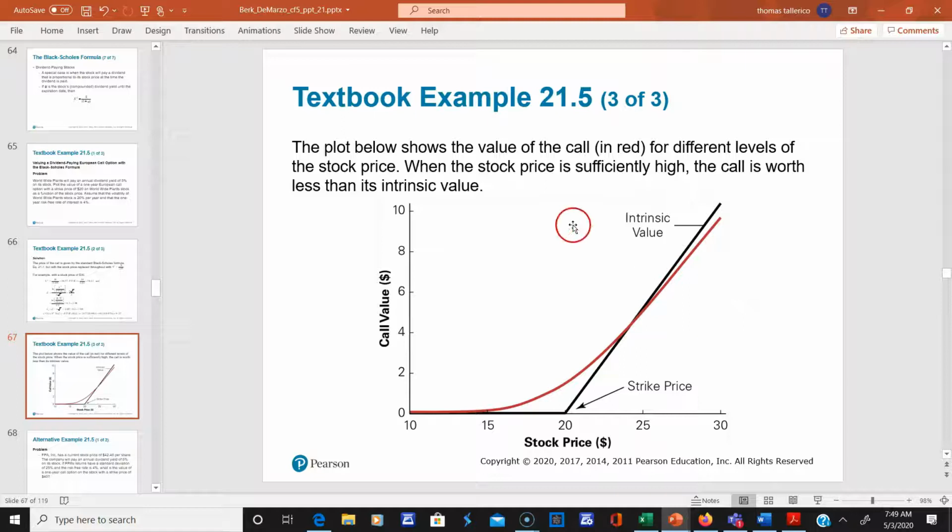But you can see here what happens is when the stock price gets higher, the call is worth less than its intrinsic value, okay? Because of the dividend.